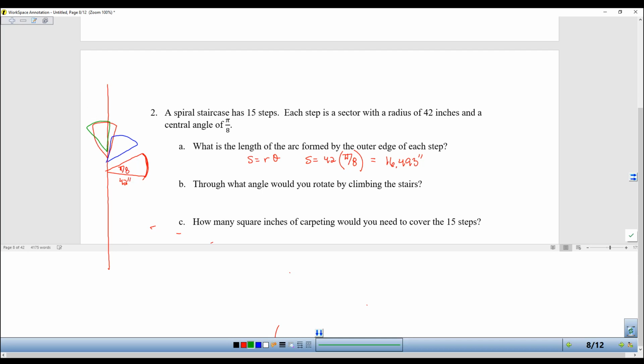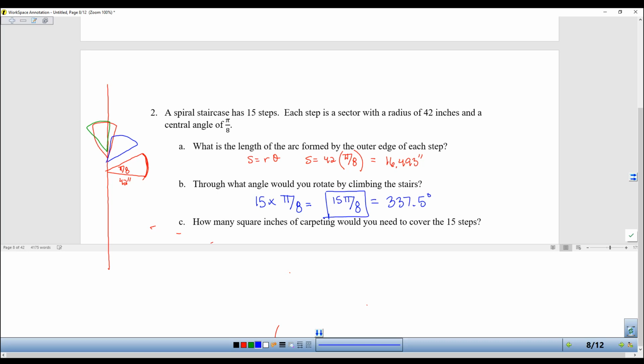In other words, you're going to go pi-8 and then pi-8 and then pi-8 around and around, and you're going to do it 15 times. So 15 times pi-8, which, with an angle, you're welcome to leave in that unit of measure. But if it helps you understand what it comes out to, some people find it easier to think in degrees. So 337.5 degrees, but it was given in radians. You're allowed to leave it in radians.